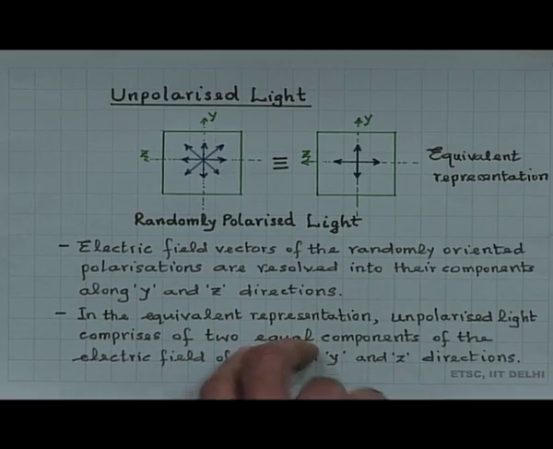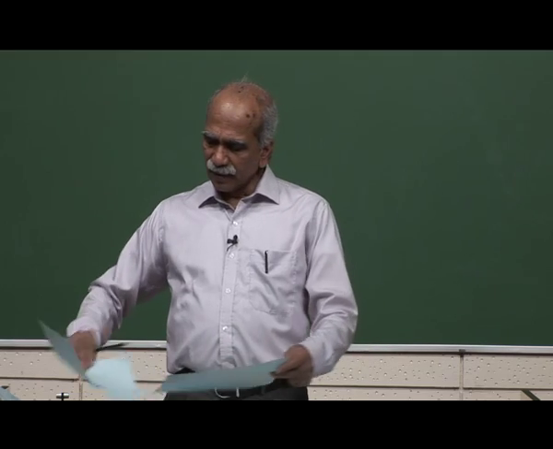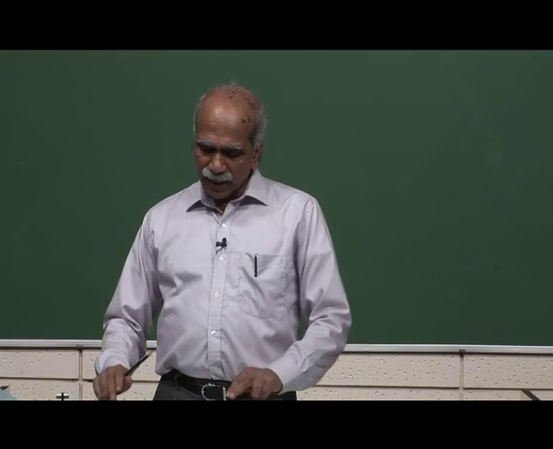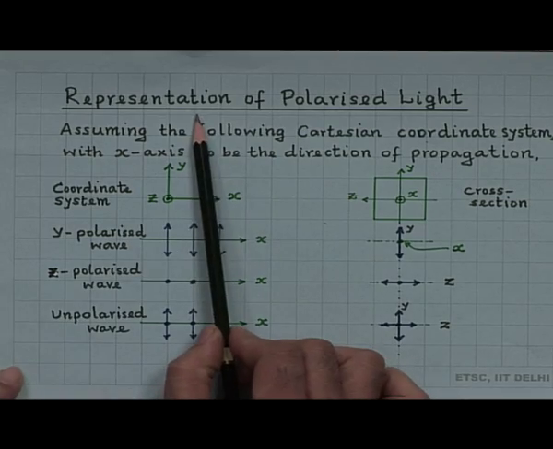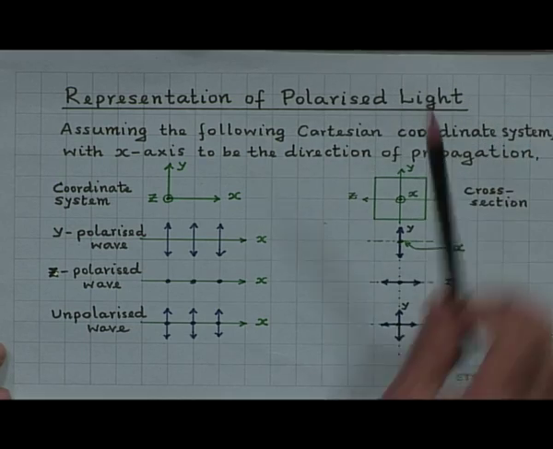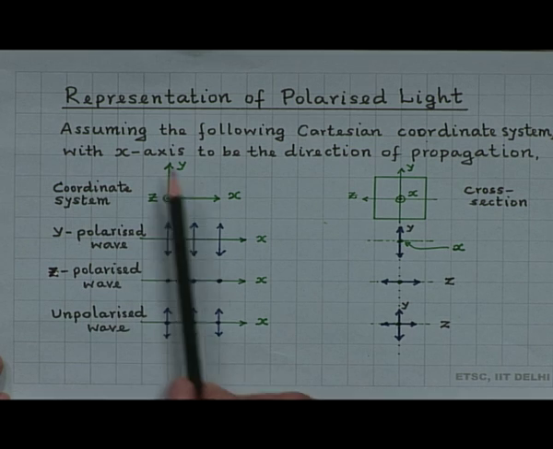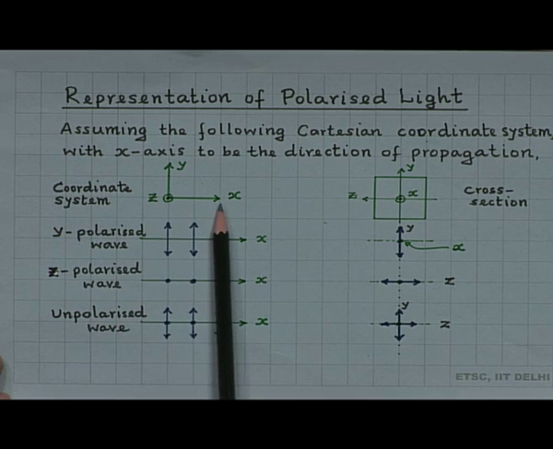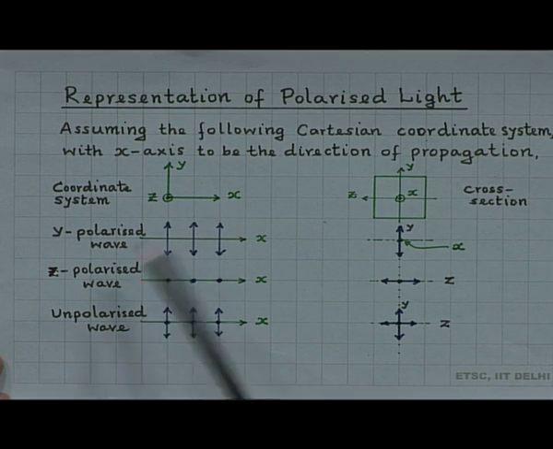So, the representation of polarized light. Here I am showing a summary of the discussions that we had so far, assuming the following coordinate system with the x axis as the direction of propagation. y is here, z is into the board.